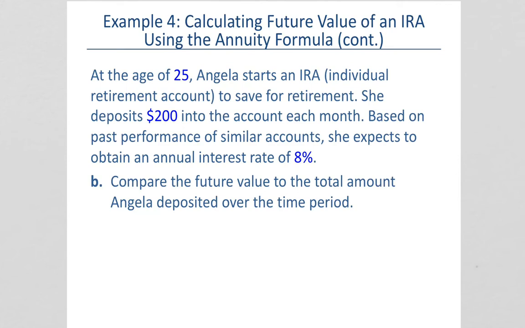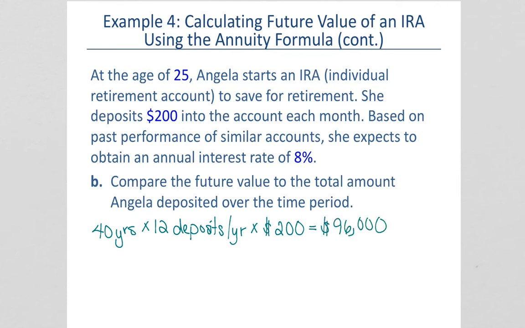Compare the future value to the total amount Angela deposited over time. So over 40 years, times 12 deposits per year, and $200 at each deposit was $96,000.